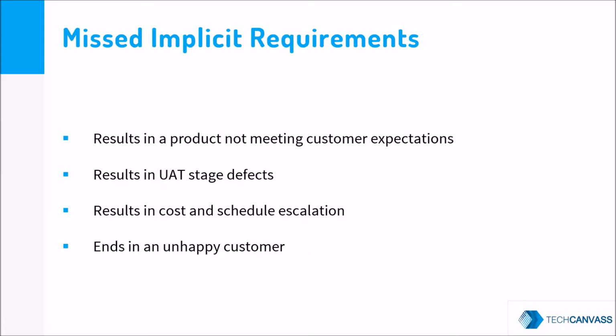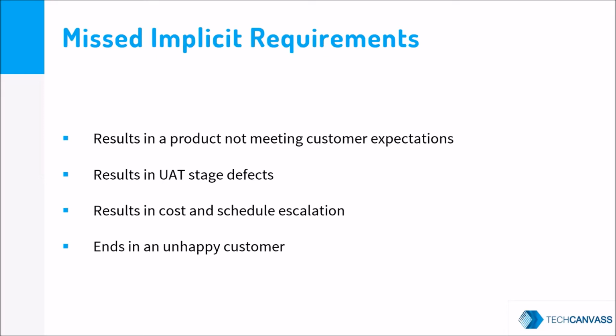So what is the impact of implicit requirements? What happens when there are implicit requirements and they are not understood at the time of requirements gathering? It will result in a software application which is not meeting the customer expectations, and that will get manifested in the form of defects.